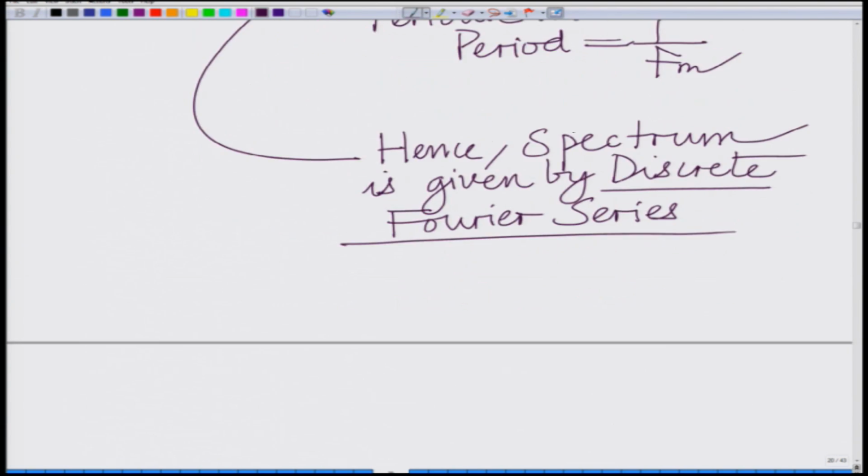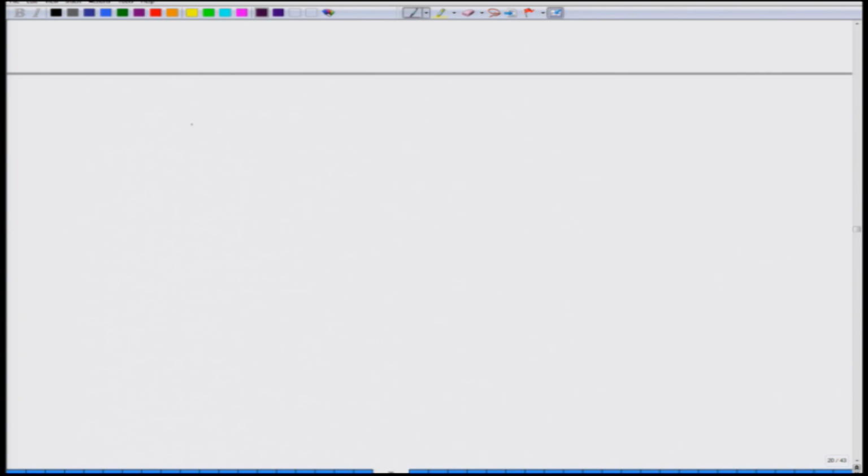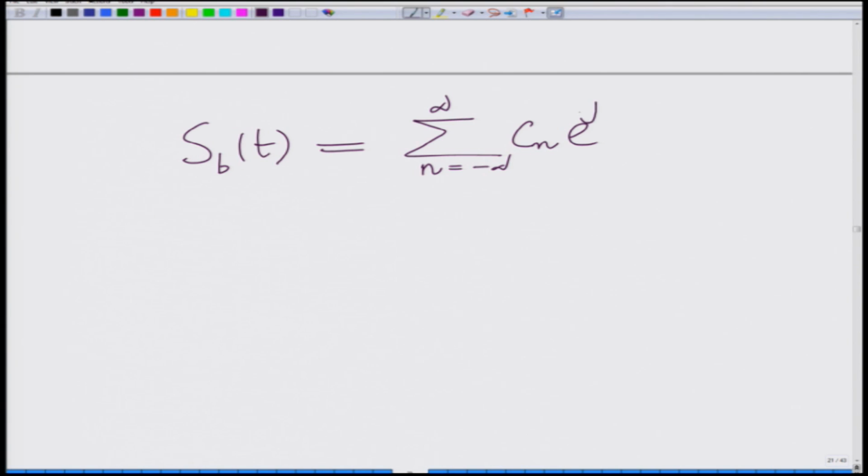In other words, I can write this signal, your sb(t), which is periodic, as a summation of the fundamental frequency and the harmonics, that is Cn e to the power of j 2 pi n fm t.